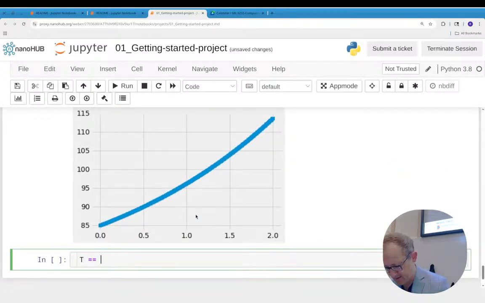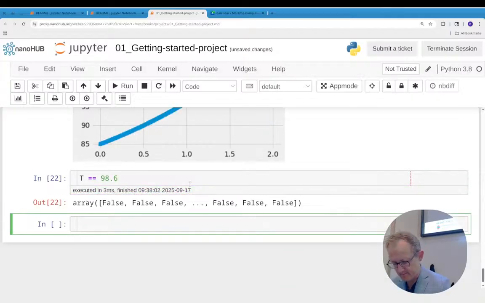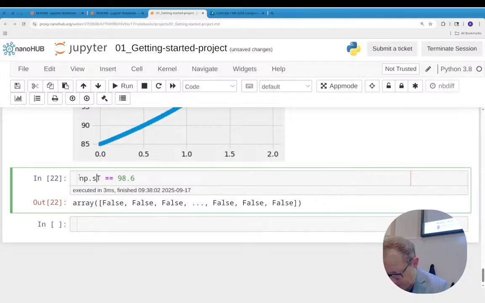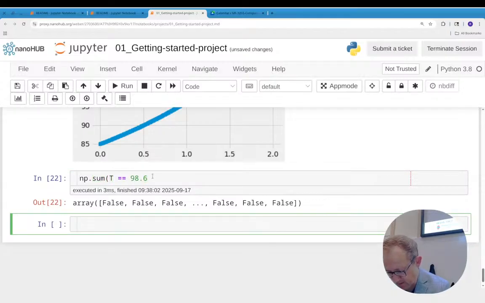Could I say, when is T 98.6? It'll give me a whole bunch of falses. And if you sum the trues and falses, you get the number of trues.